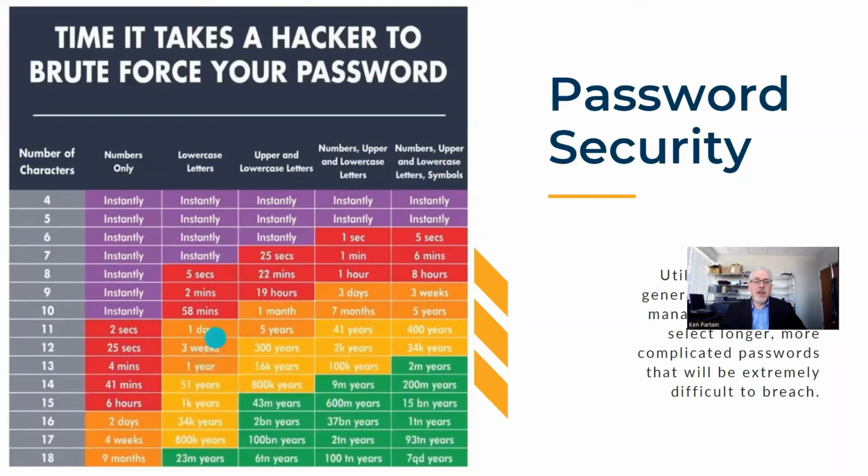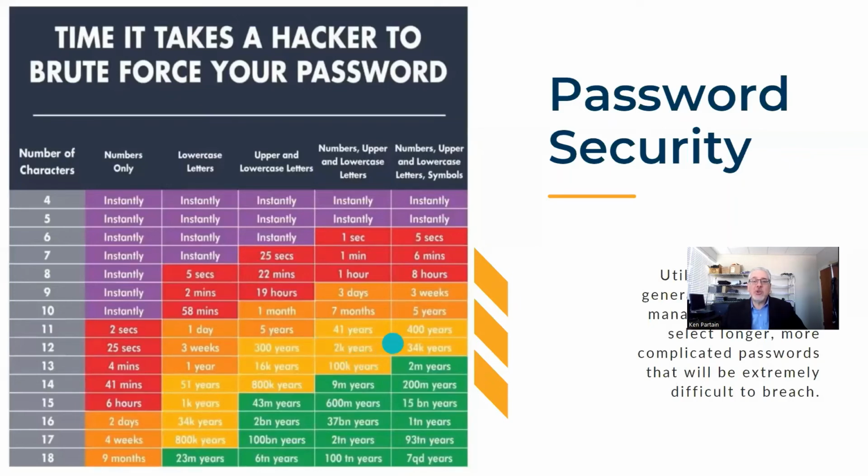So let's take a 12-character password, for example. With numbers only, it only takes 25 seconds to break that password. With lowercase letters, it takes 3 weeks. With upper and lowercase letters, it takes 300 years. When you add numbers, upper and lowercase letters together, it can take 2,000 years.